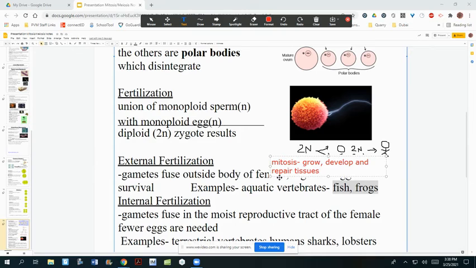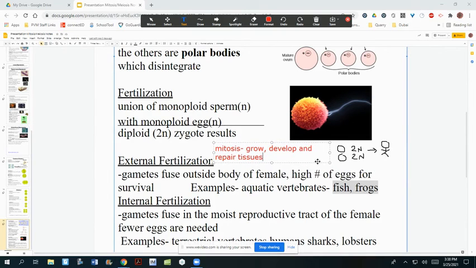So it's important to remember there's a difference between mitosis and meiosis and when each is used. Mitosis is used to grow your body. Meiosis is only used to make the gametes. That's the only time it's used.